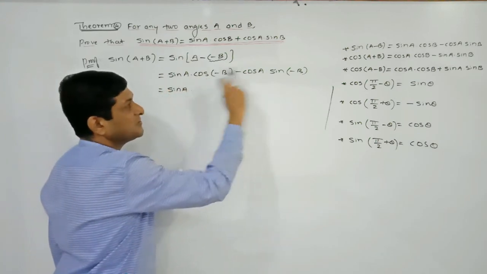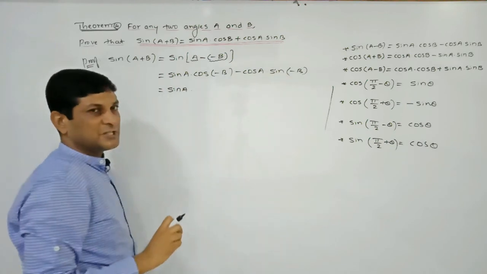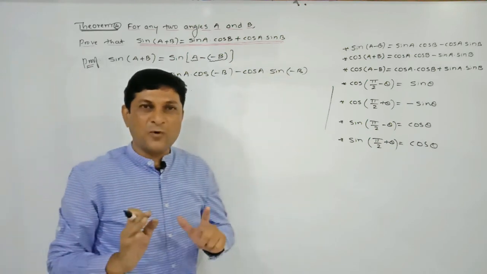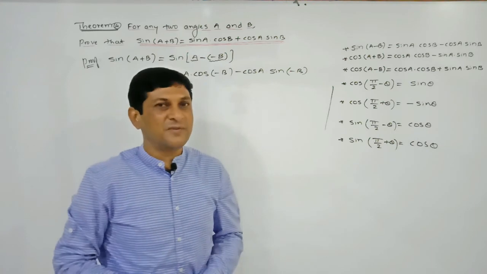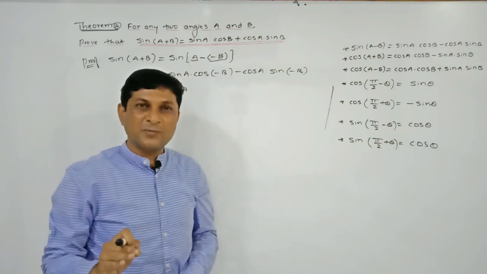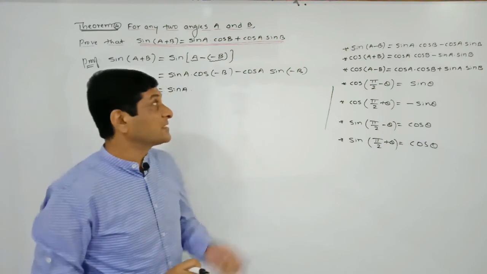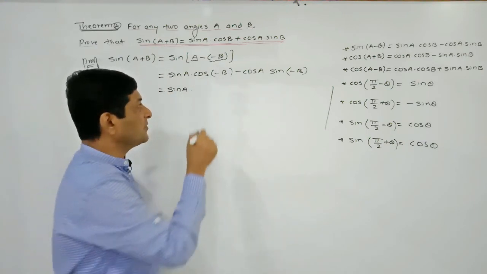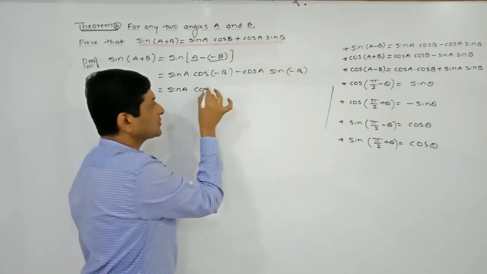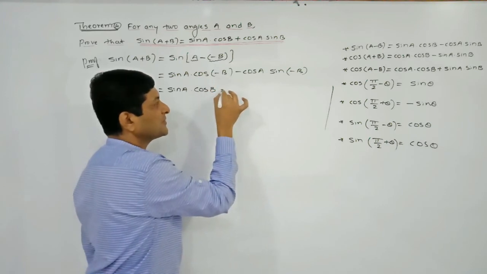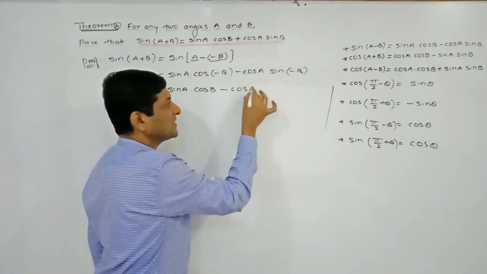Now since the negative angle appears in this expression, we have to apply the formulas of trigonometric ratios of negative angle, and these formulas we studied in the last chapter: cos(minus theta) is equal to cos theta, means cos(minus B) will be equal to cos B, and cos A as it is.